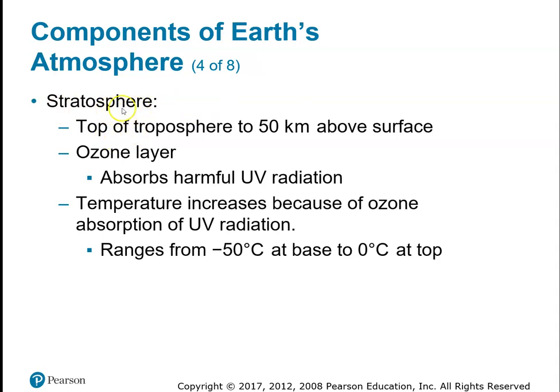The stratosphere goes from about 20 kilometers up to roughly 50 kilometers above the surface of the Earth. That's where you find the ozone, the O3 layer, and the ozone layer absorbs ultraviolet radiation, which is very, very harmful to most forms of life.